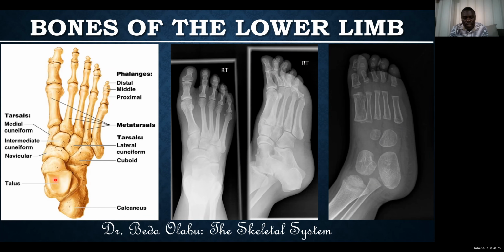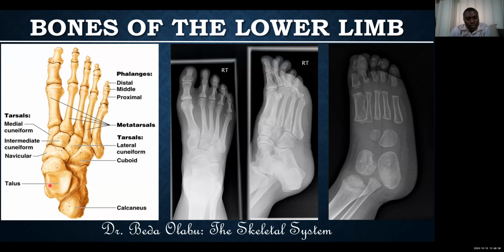This is talus and calcaneus. Sorry, the calcaneus is bigger than the talus. The calcaneus is the one that forms the heel bone. This one here is calcaneus, the largest tarsal bone. The talus is the one that articulates with tibia and fibula. It is the one that forms the ankle joint.